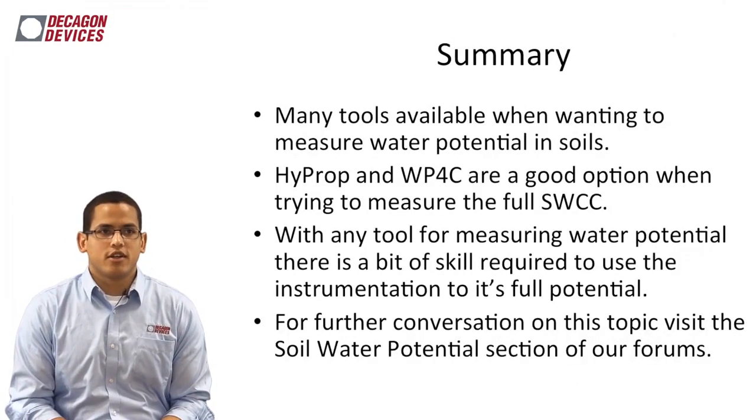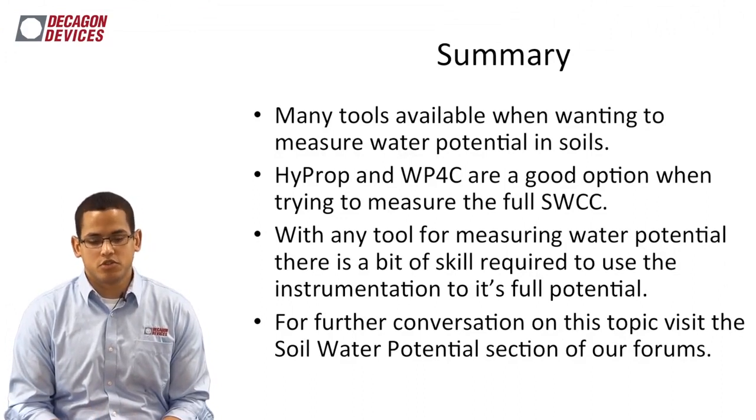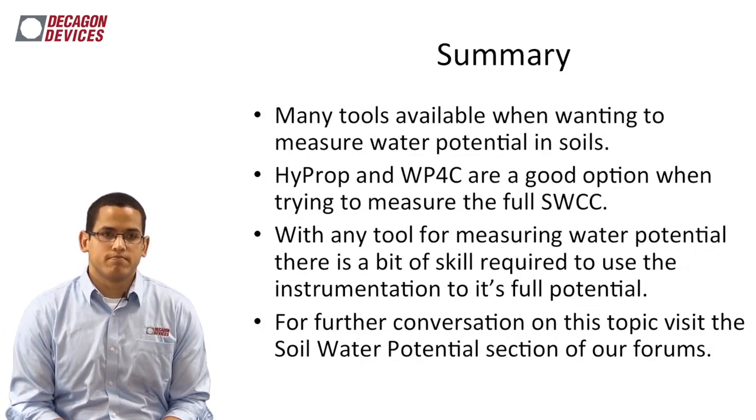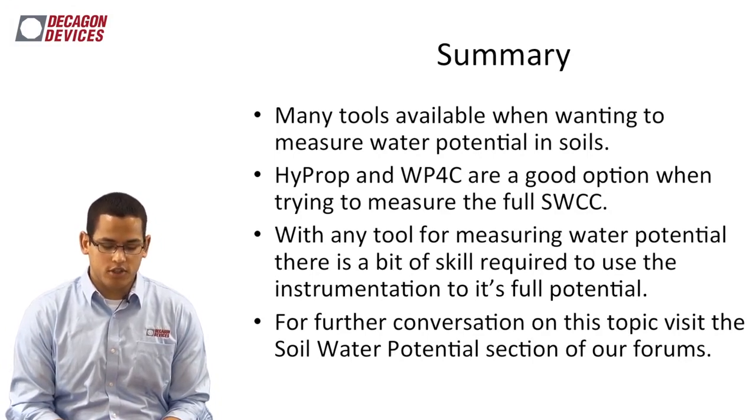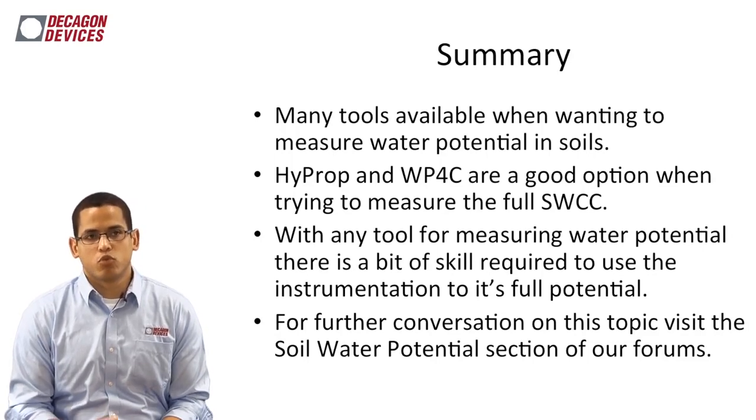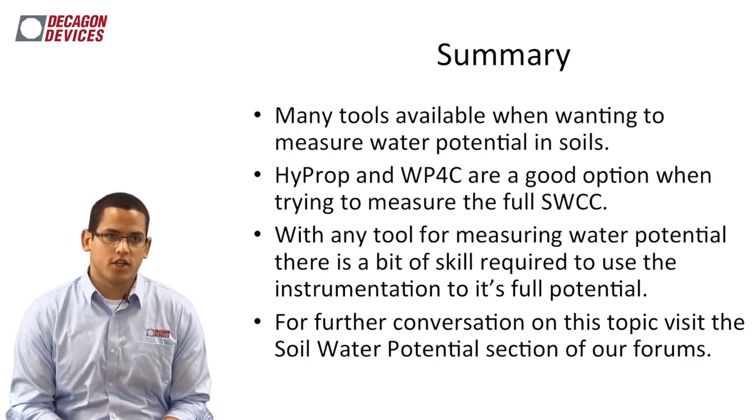So in summary, there are many tools available when you're wanting to measure water potential in soils, and you have to consider what your goals are, what range you're working in, what you're trying to measure, how you want to do this, whether you are in the lab or in the field, and again, what's your price range.